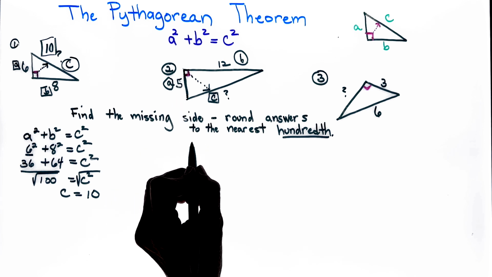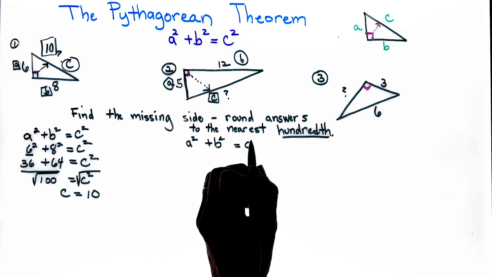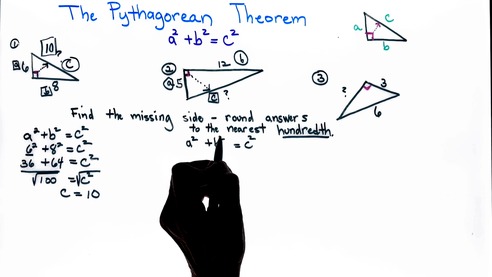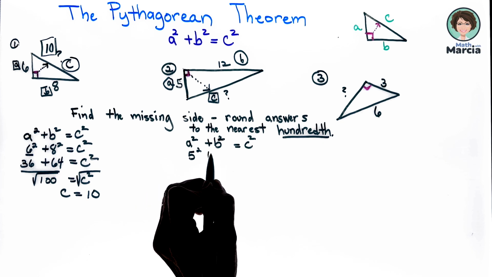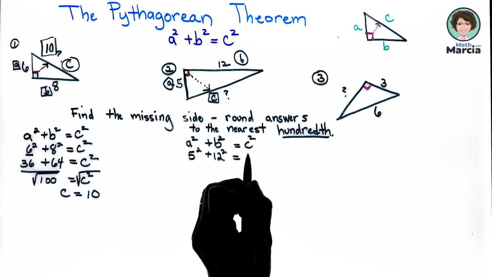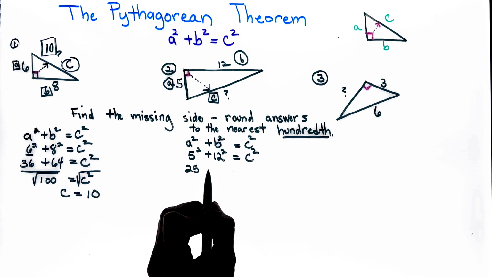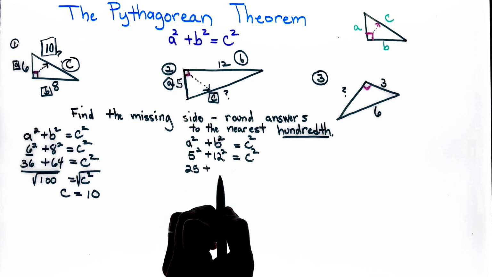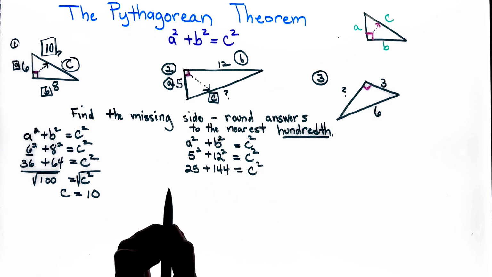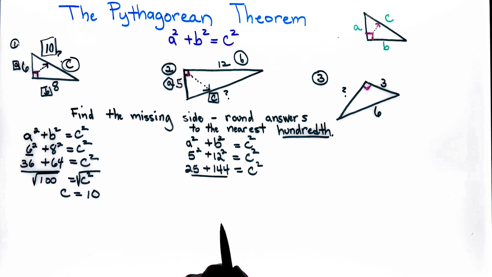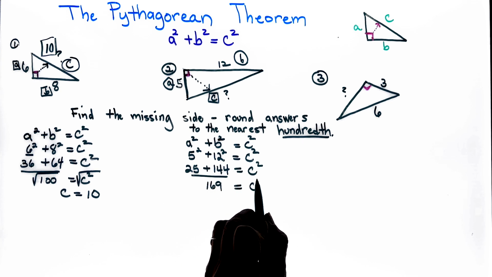So here I have a squared plus b squared equals c squared. I always like to start off with writing the formula. So it is 5 squared plus 12 squared is equal to c squared. 5 squared is 5 times 5, 25, plus 12 squared is 12 times 12, 144, is equal to c squared. I'm going to add those two numbers together, and I get 169 is equal to c squared.